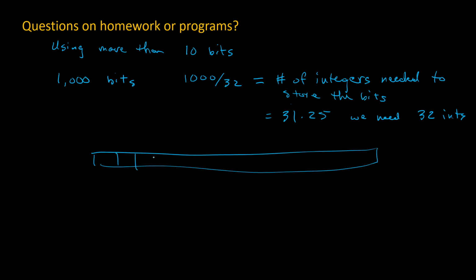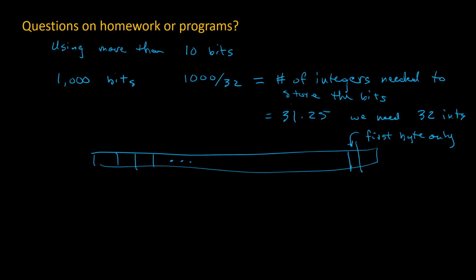At 1, at 2, at 3, and in our last one, we're only going to use the first byte, the other bytes we're not going to use. So that's kind of the way that it would happen.